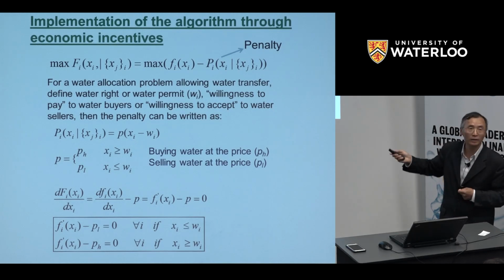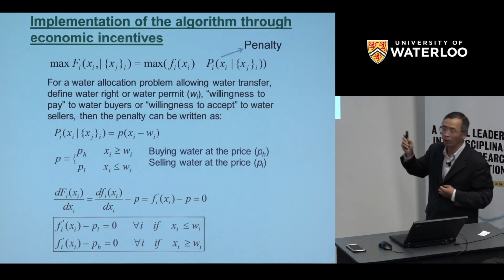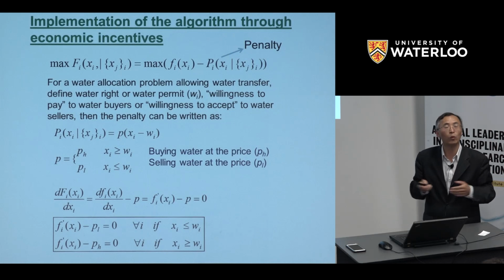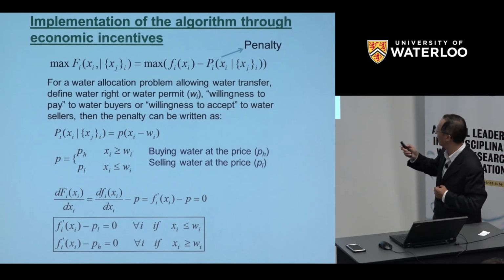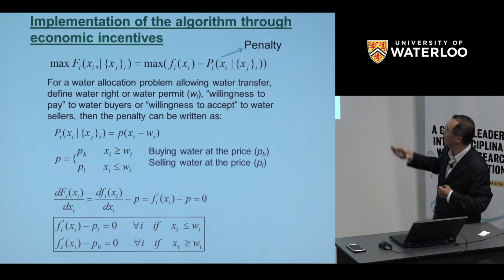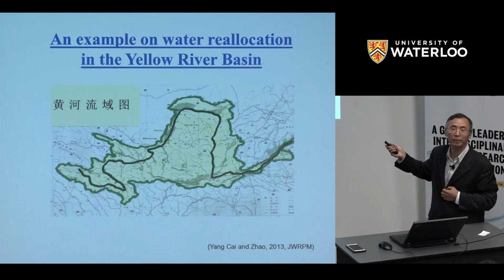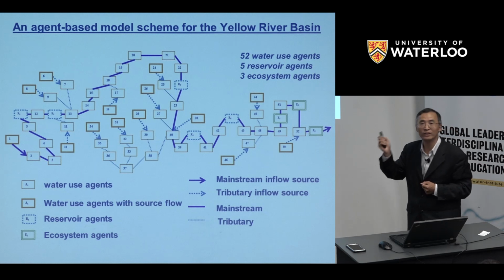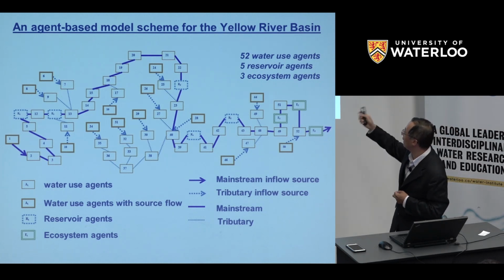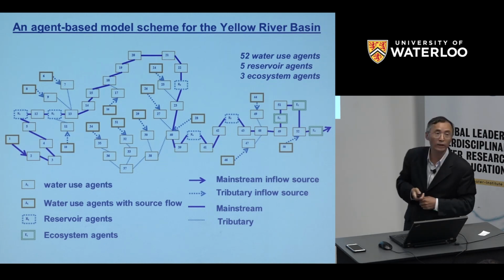Based on this analytical model, we designed an algorithm. For this algorithm, we want to solve a basin-wide water allocation problem and determine the economic incentives, the PH and the PL. We apply that to the Yellow River Basin. This is a diagram of the system network. It includes a large number of water use agents and reservoir agents.